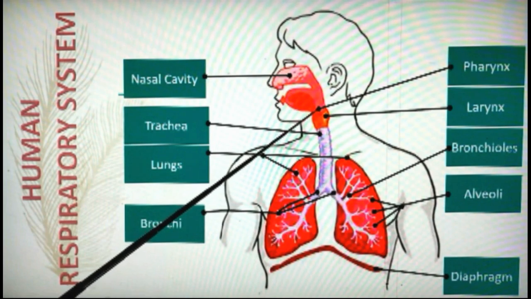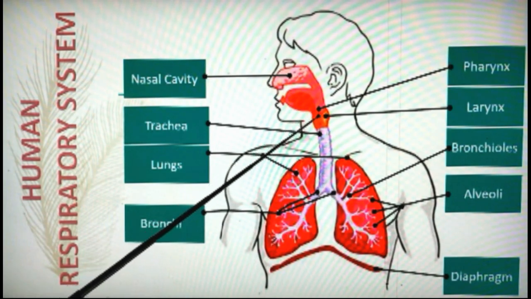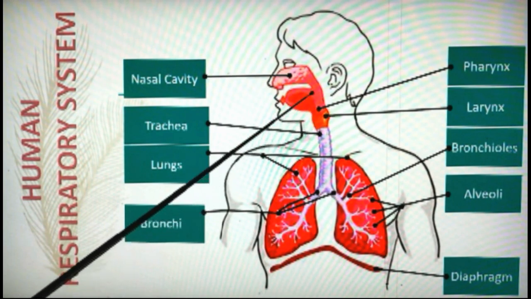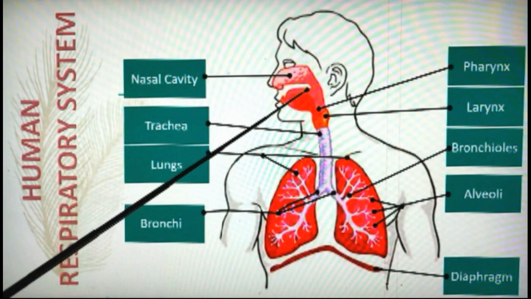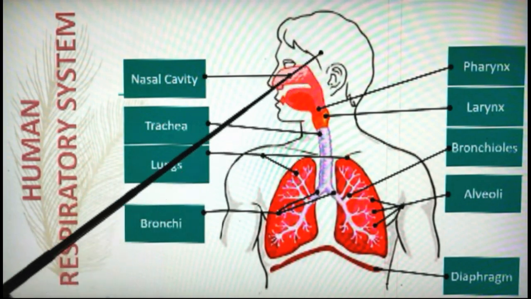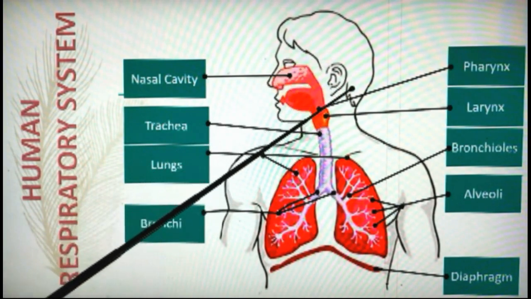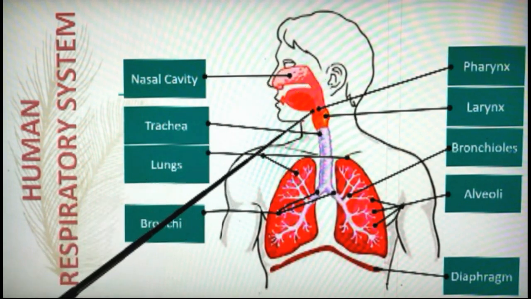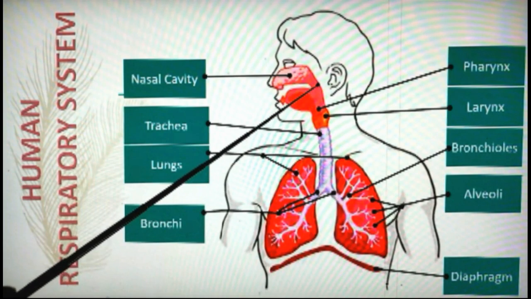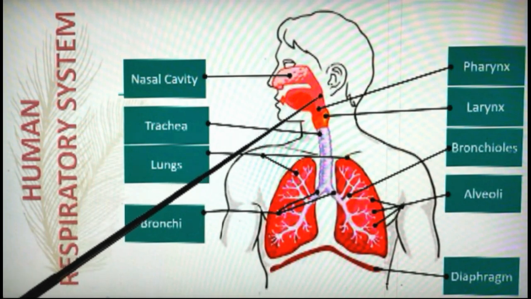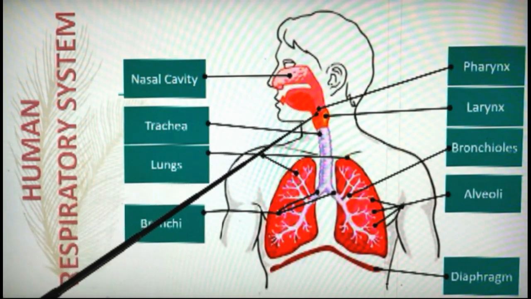When we discussed the digestive system, I already mentioned that in the pharynx, two openings are there. One is the oropharynx, the other one is the nasopharynx. Oropharynx is for the passage of food and nasopharynx for the passage of air. So this pharynx should have an opening known as what? Glottis.